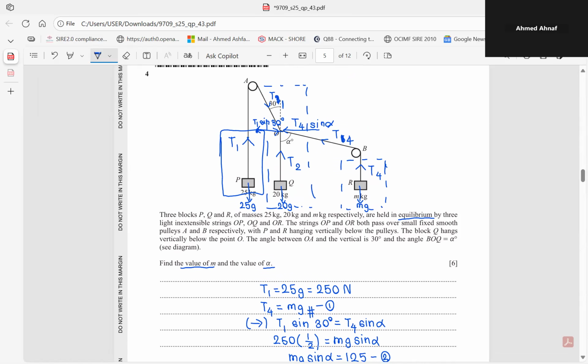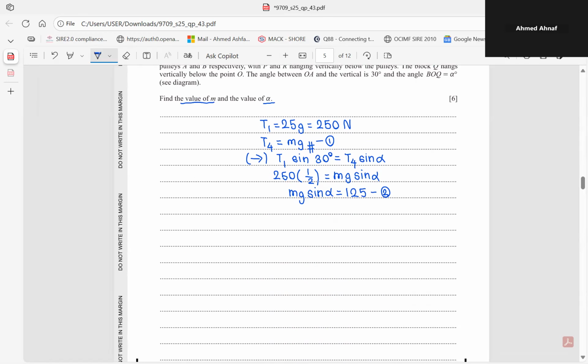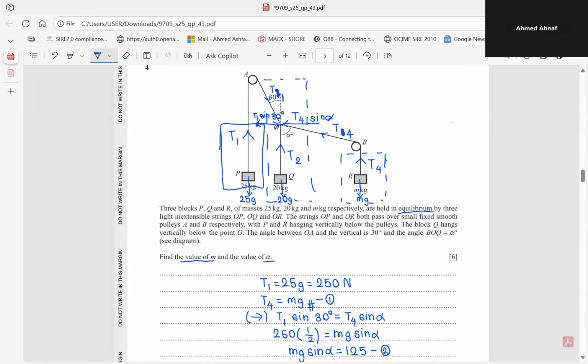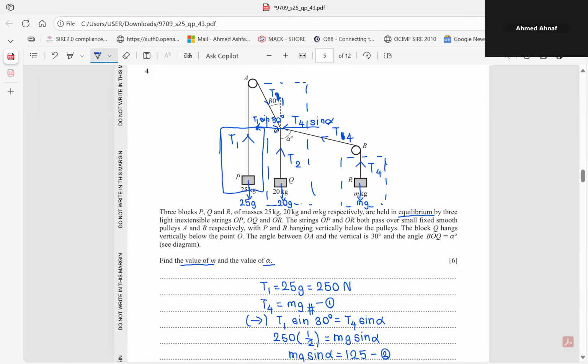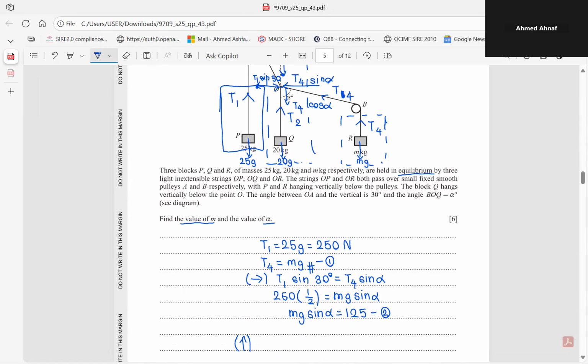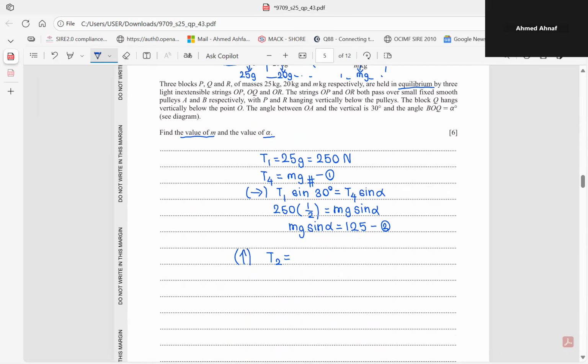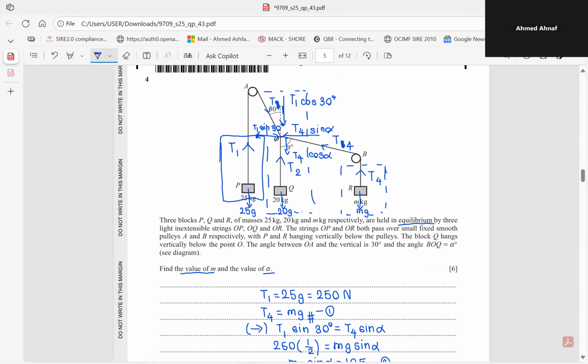Now I'm going to consider the vertical forces. We have T2 as well as T1 cosine 30 and T4 cosine alpha. Oh wait, sorry, T4 is acting upwards.